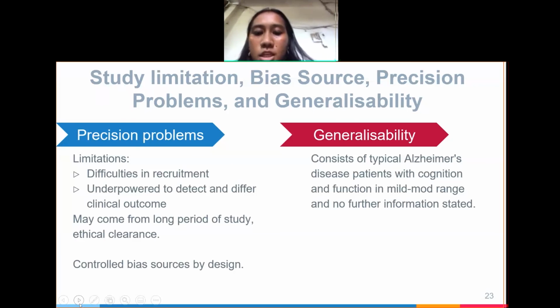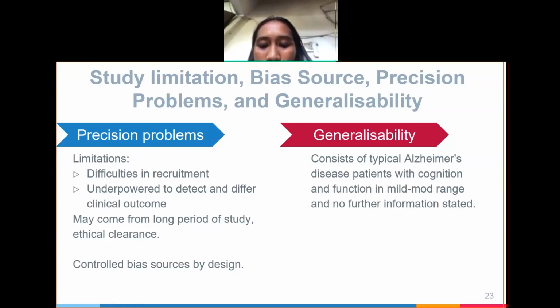Such limitation may come from the long period of study and difficulty in getting permission to recruit such subjects. Furthermore, this study controlled bias source by design by restricting subjects that may have a confounding factor, for example, anticholinergic drugs.